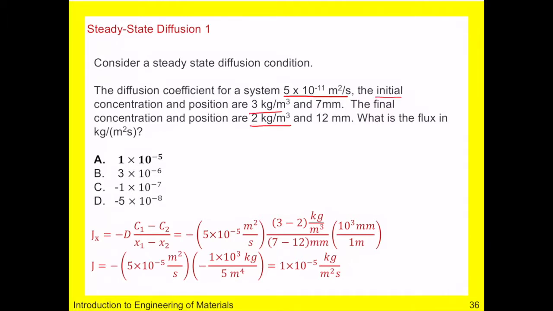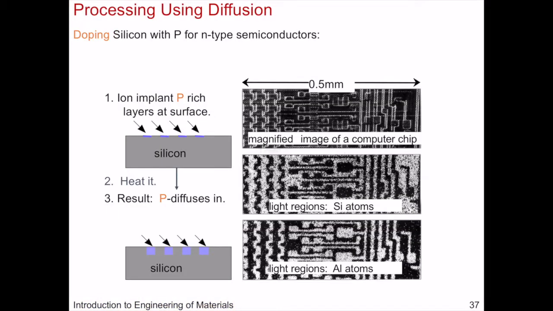So if we're given initial concentration and also a position, and then the final concentration and also a position, we can easily calculate flux using Fick's first law. And this is important to compute in technological examples such as doping silicon with phosphorus to make N-type semiconductor materials.